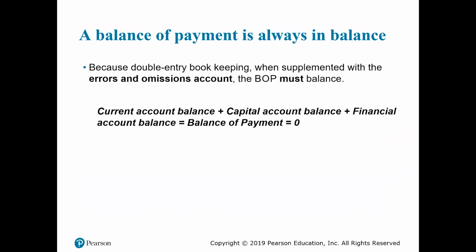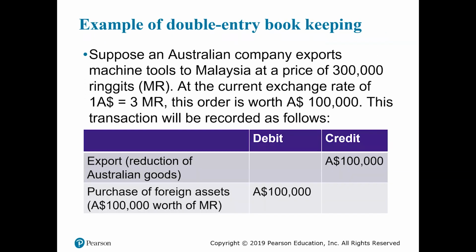A balance of payment is always in balance, just because of the double entry bookkeeping. Let us go back to this simple example. There is no scope of errors or omissions, but when you record billions of dollars of transactions every year, it's possible that there are errors and omissions.